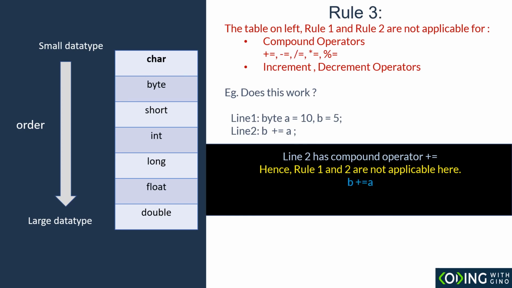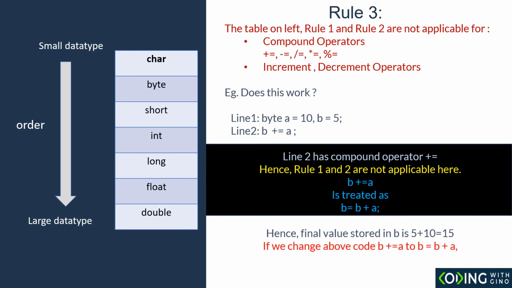B plus equal to A means add B plus A and store the result in B. Hence, final value stored in B is 5 plus 10 equals 15. Easy, right? However, if we change B plus equal to A and make it B equals B plus A, then code will not compile because Rule 1 and 2 will be applied.